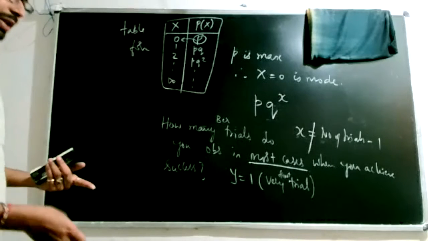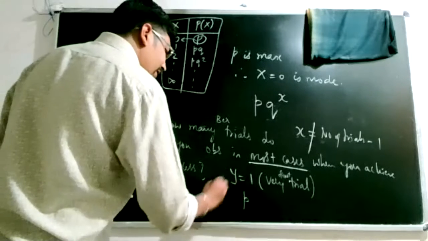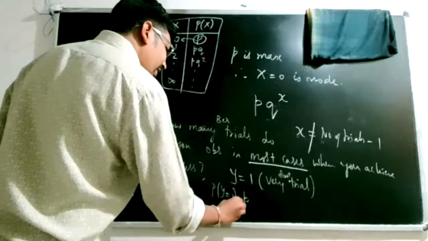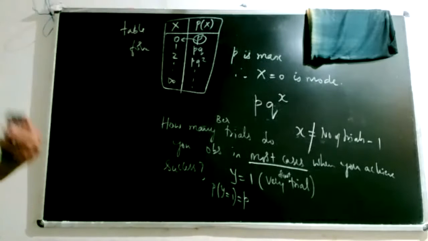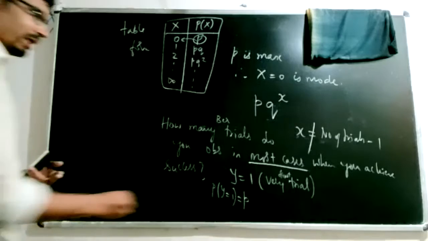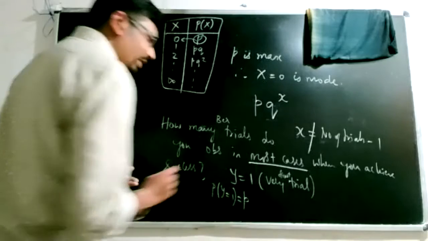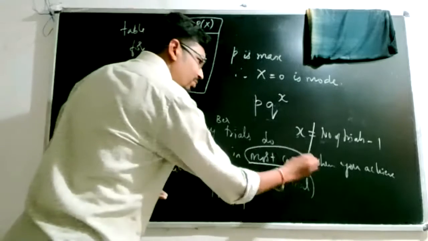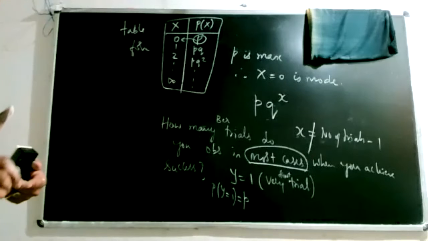No. So that's why we say it is just P. So P of y equals 1 is P, which is maximum compared to the other probabilities, PQ, PQ square and so on. So that's why we say y equals 1. That happens in most cases, not in all cases.